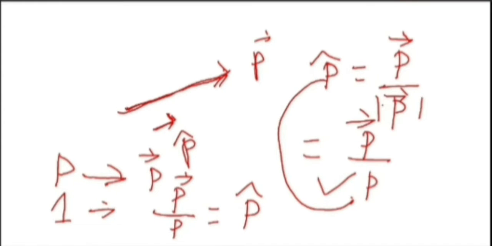Hence, any vector divided by its magnitude is called the unit vector of that vector. For example, force vector divided by magnitude of force is the unit vector of force.